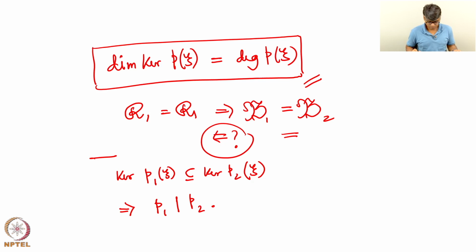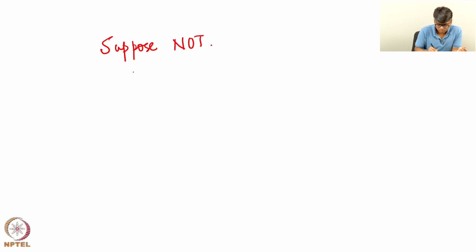Why is that so? Let us see. Once again, proof by contradiction. Suppose not. Suppose that is not true. That means p1 does not divide p2. That means what?